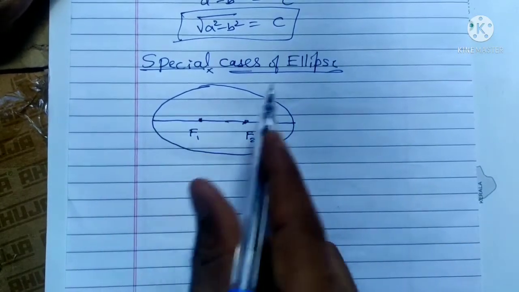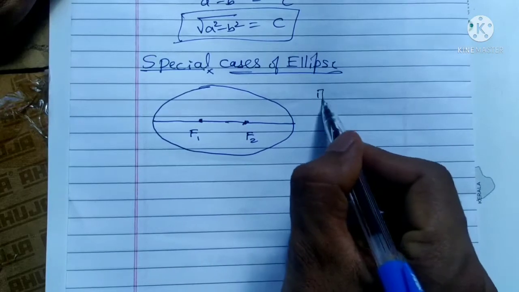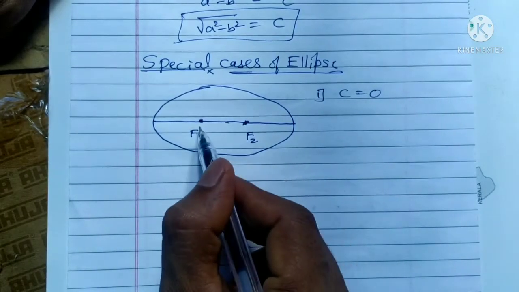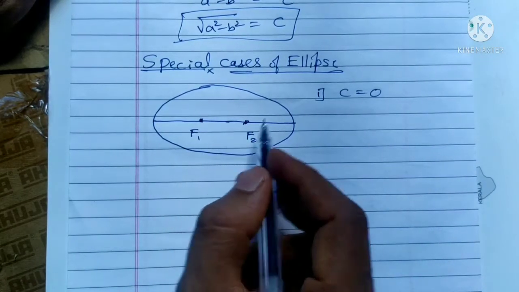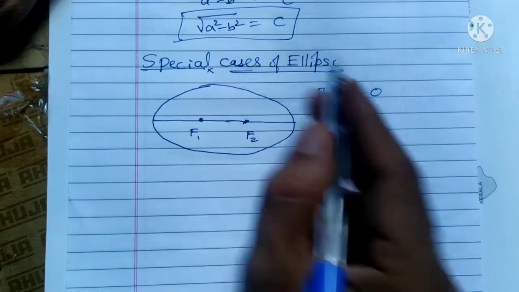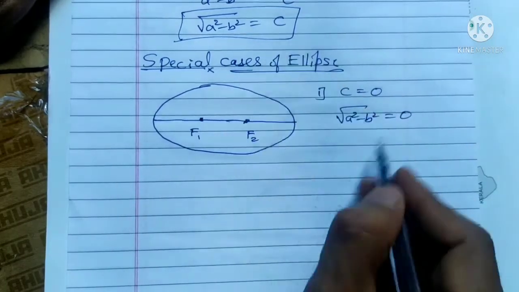Okay, next we shall discuss special cases of the ellipse. The first one is if c is equal to 0, that is, the distance between the foci is 0, so the two foci coincide with each other. In that case, the square root of a square minus b square becomes 0, since c is equal to 0.